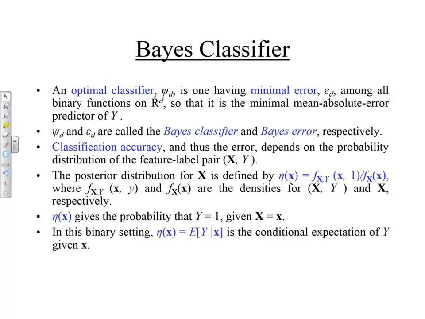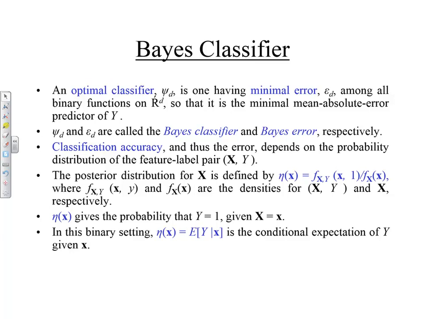So in this binary setting, eta(x) is also the conditional expectation of Y given X. Why? Because eta(x) is the probability Y equal to 1 given X equal to x, and here Y can be either 0 or 1.